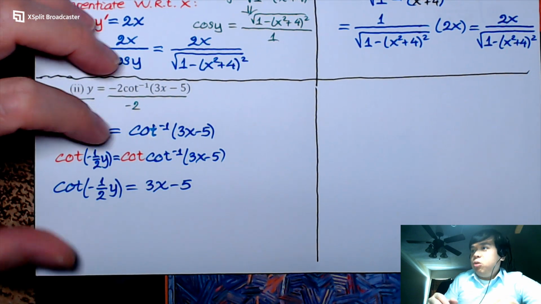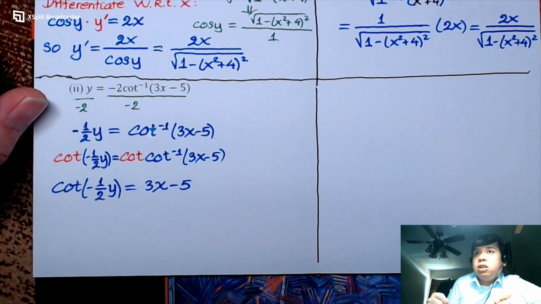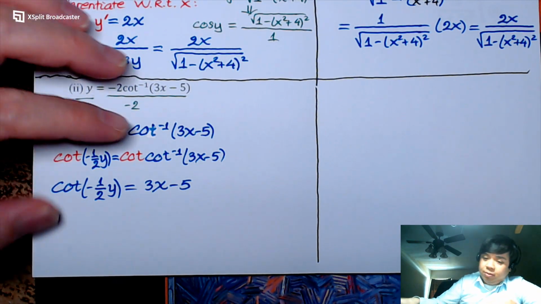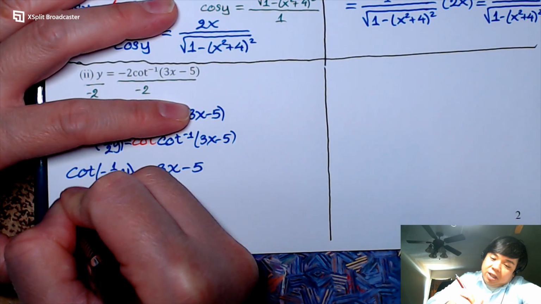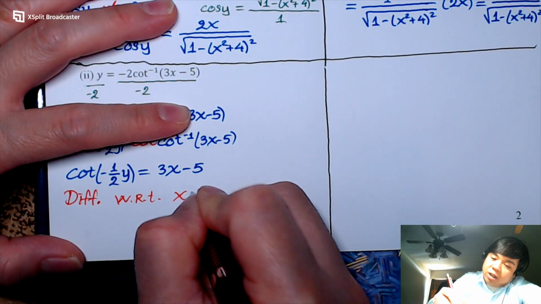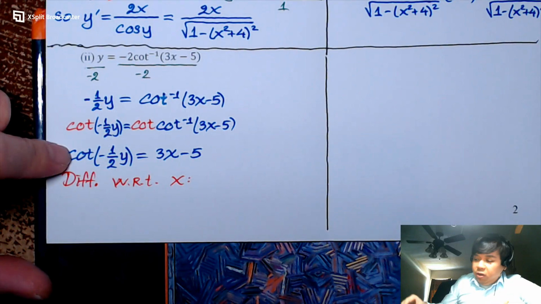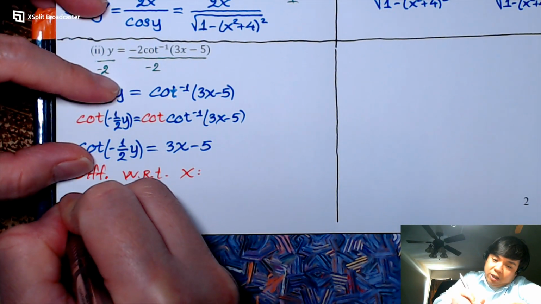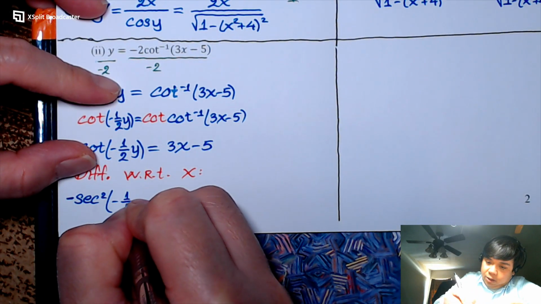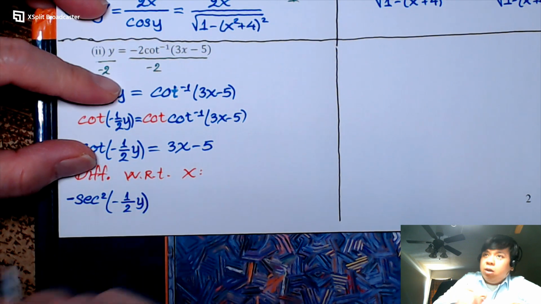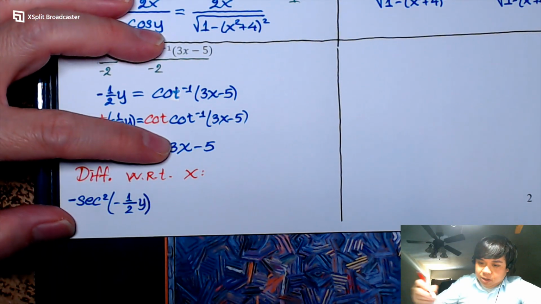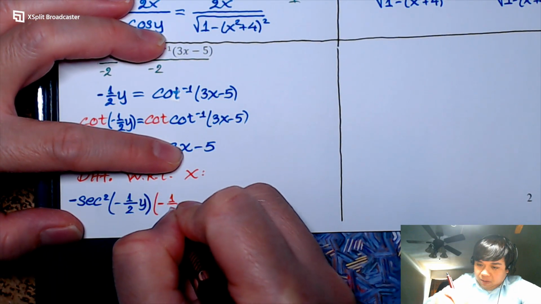Right. Now we take the derivative. The derivative of cotangent is negative cosecant squared. So take the derivative, or differentiate, with respect to x on both sides. But now, just like what we have there, we have to take the derivative of this, which is -1/2 of that.